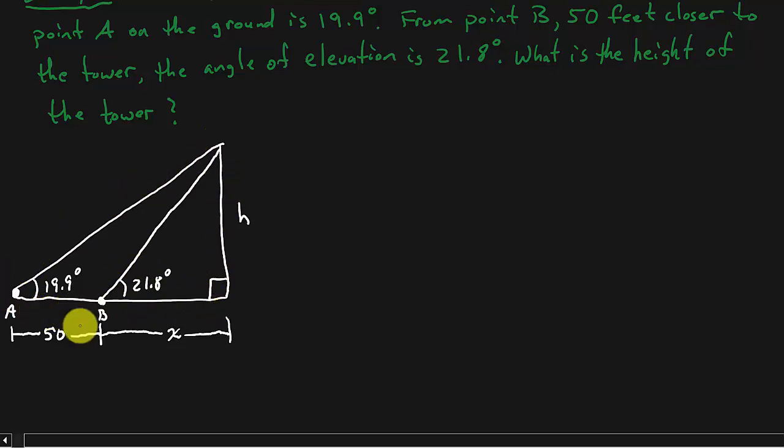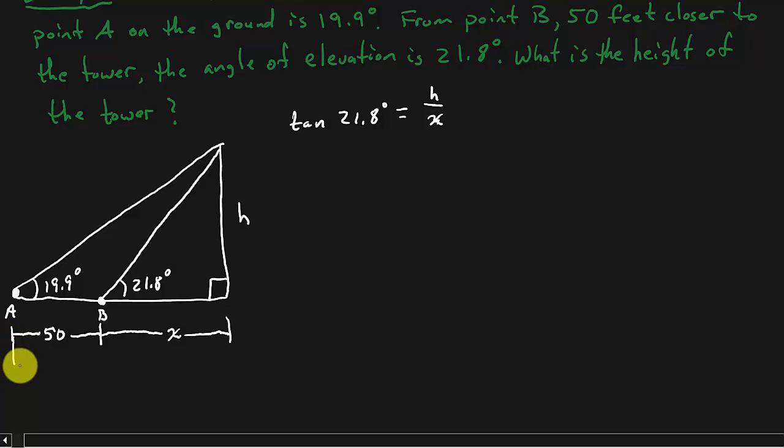If I look at this smaller right triangle, from point B goes up and back down, well, this angle here, I've got opposite and adjacent, right? H is opposite the angle, X is adjacent to the angle. So that's going to tell me that tangent of 21.8 degrees is equal to opposite over adjacent, right?